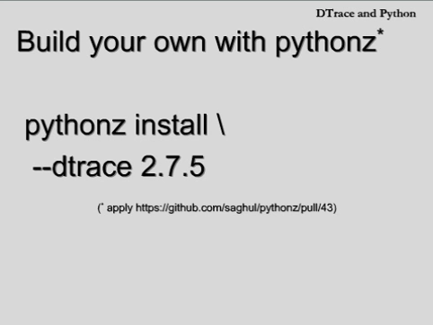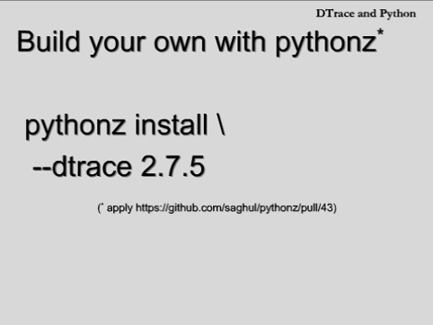Another question I get pretty frequently from Python folks is, why doesn't Python have DTrace functionality out of the box? I don't really have a good answer for that, to be honest with you. There's a bug that's been open in Python for a very long time, I think since 2010, that has centralized all of the DTrace support requests for Python in it.